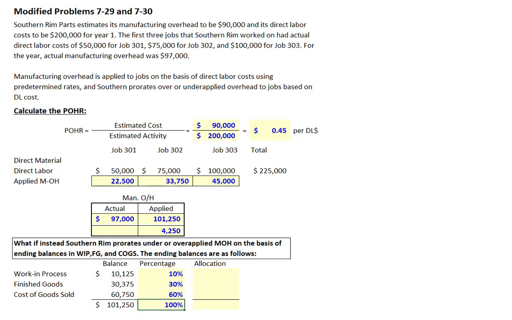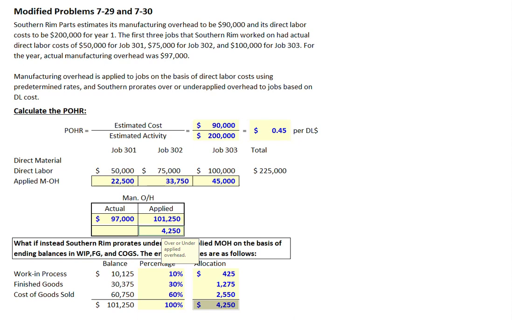We total those up for 100%, and then we simply take our allocation percentages and multiply them by the amount of over-applied manufacturing overhead. So 10% of the 4,250 is 425, 30% of the 4,250 is 1,275, and 60% is 2,550, and we total that up to make sure that we've accounted for the entire 4,250 in over-applied manufacturing overhead.